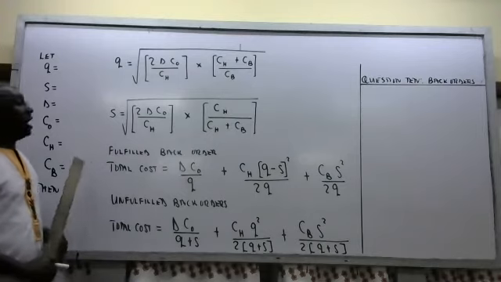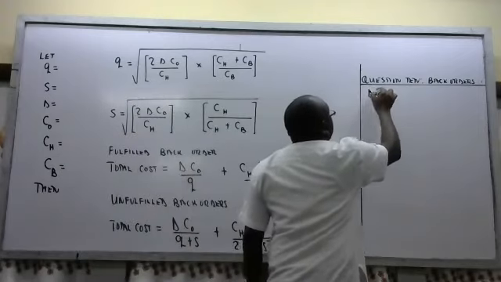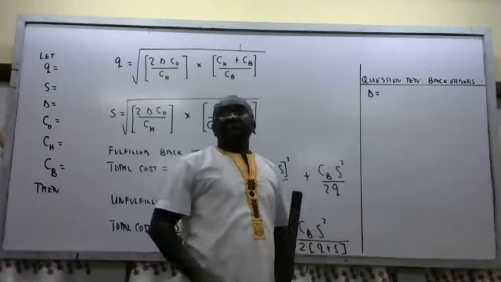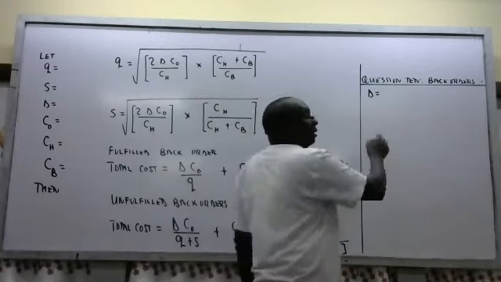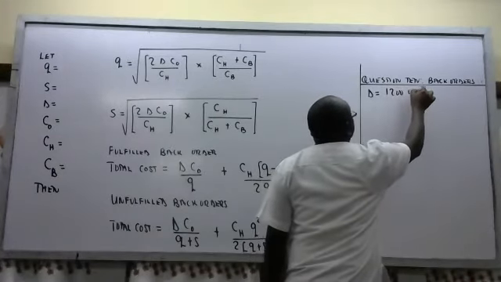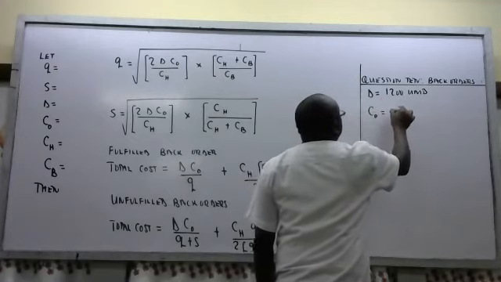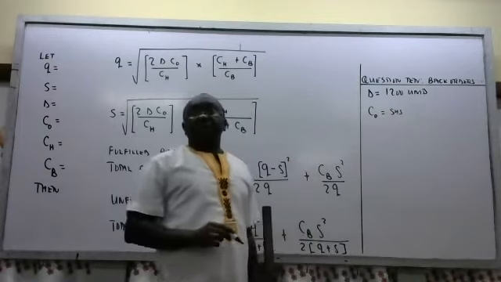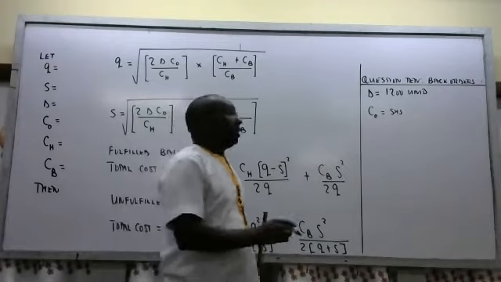So for you to do that, you require first of all to know these items. D, the annual demand. The annual demand you're told is how many units? 1,200 units. The next thing that you need to know is C0, the fixed cost per order. Fixed cost per order will be? 300.